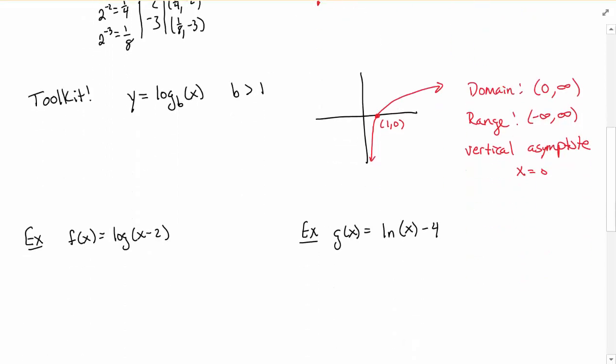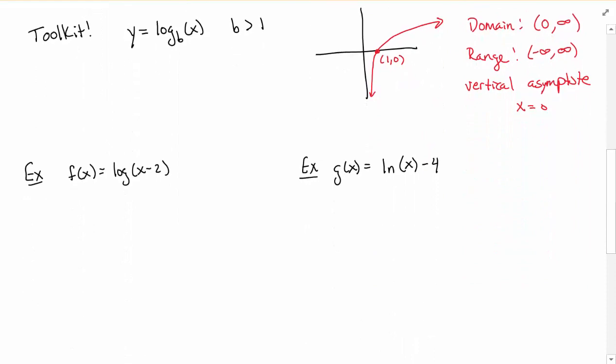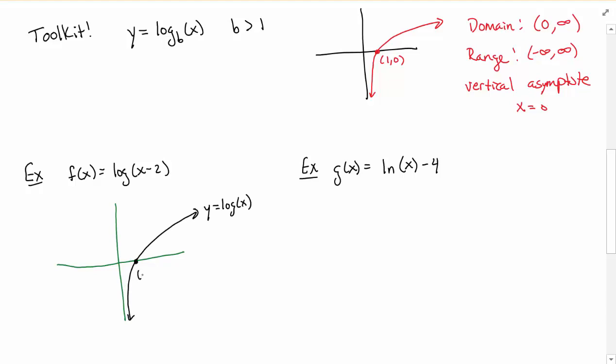Okay? So with that thought in mind, let's draw a couple graphs. Let's go with f of x is equal to log of (x minus 2). Now you don't see a base explicitly written, so that means my base is base 10. 10 is bigger than 1, so give or take, I'm starting with this guy. So here is y is equal to log of x, and it goes through the point (1, 0).